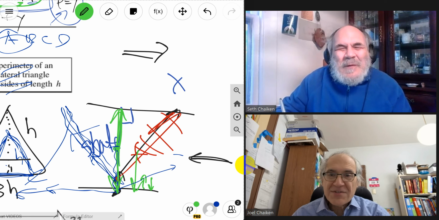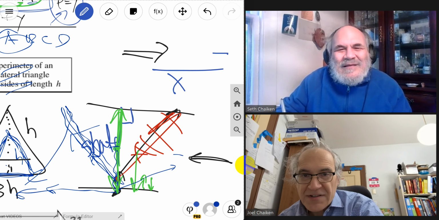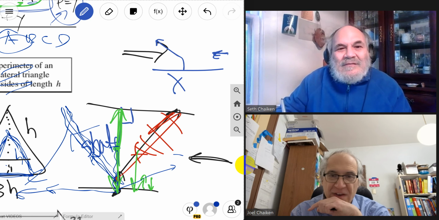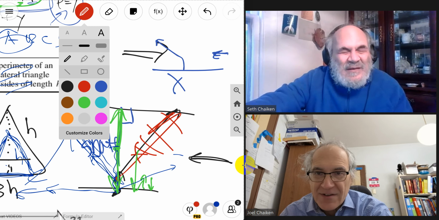Oh, I see what you're saying. In other words, there is a possibility that if the car's coming, if you're here, you should actually go that way because you're moving away from the car. But let's assume the car's moving pretty fast. That would be risky. Yeah. Isn't it better just to get as fast out of the way of the car as possible?